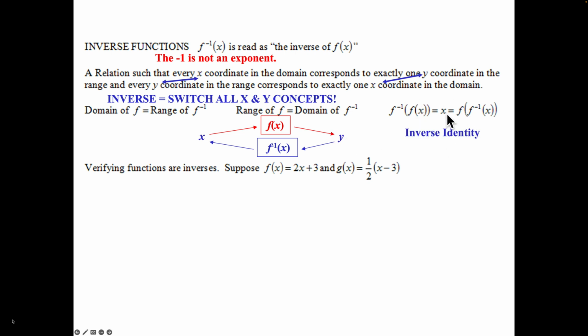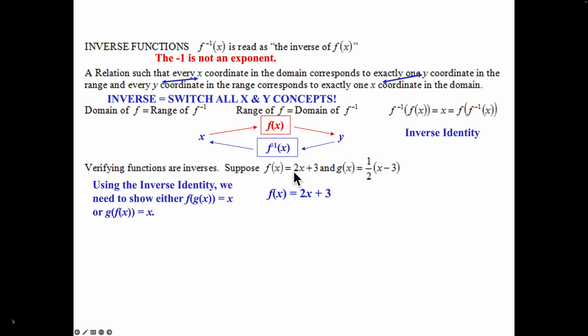So that's the key. Now, if you were asked to verify functions are inverses, suppose you have f of x equals 2x plus 3 and g of x equals 1/2 times x minus 3. Well, let's color code this. Let the f function be in blue, g function in red, and you have to show one of those two identities. It doesn't have to be both. You pick the one you want to work with. So if I opted to do f of g of x, g is the inner function, f is the outer function.